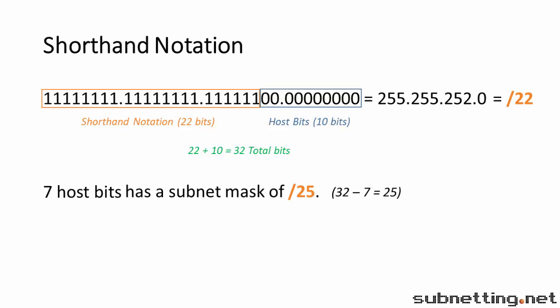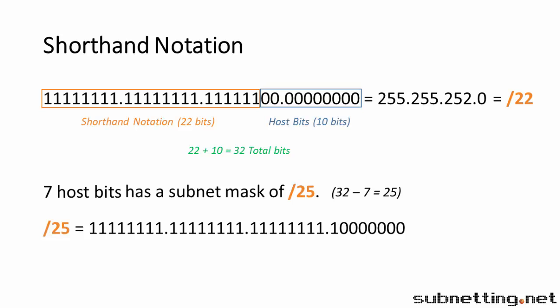Now that we know our subnet mask is /25, let's convert it to decimal notation. We start by writing it in binary, and that's easy to do because it's just 25 ones followed by 7 zeros. Now converting to decimal yields 255.255.255.128.